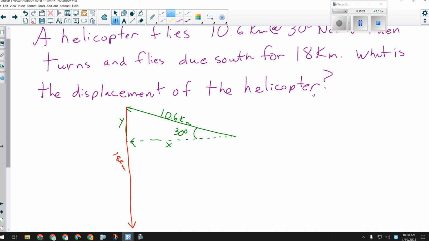Is scale important here? I made sure that 18-kilometer line was much longer than the 10.6-kilometer line, because otherwise my diagram will lie to me, and I'll get the math right, but my diagram will look different than my math.